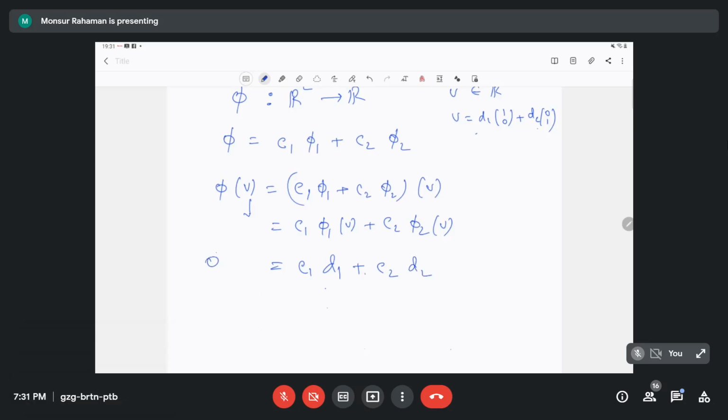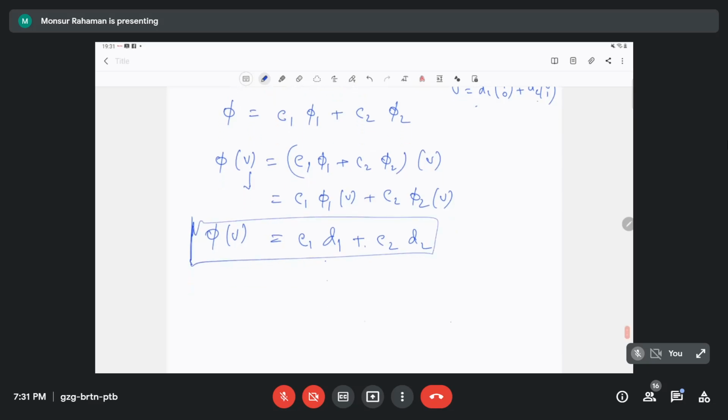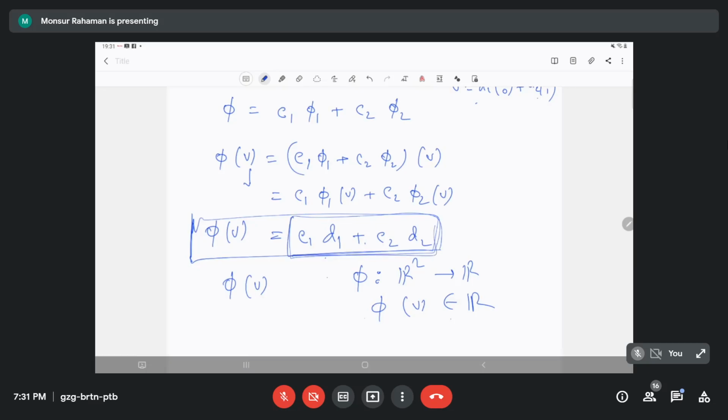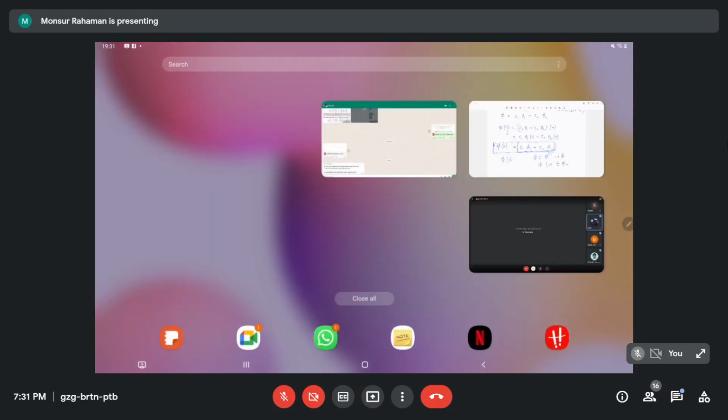Okay, so this is the definition of a linear transformation, because for any vector R2 to R, this has to be a constant. So this is a constant. Okay, and you can check, this will form a linear transformation. Okay, so I'm going to mute it for 1 or 2 minutes.